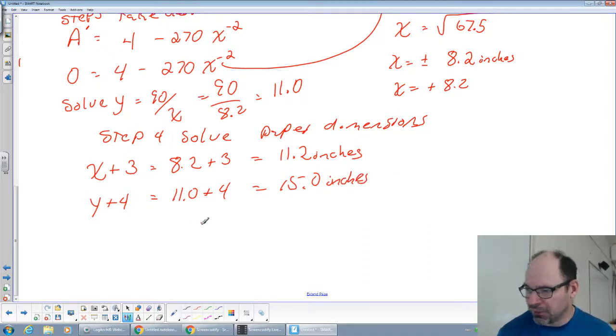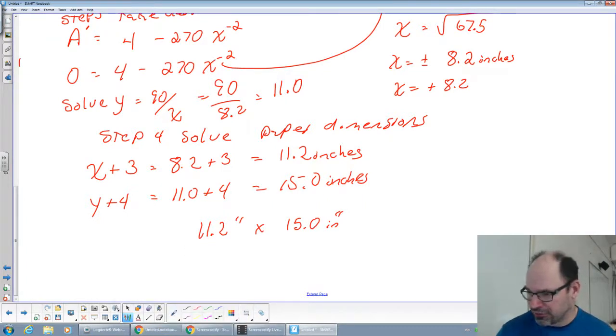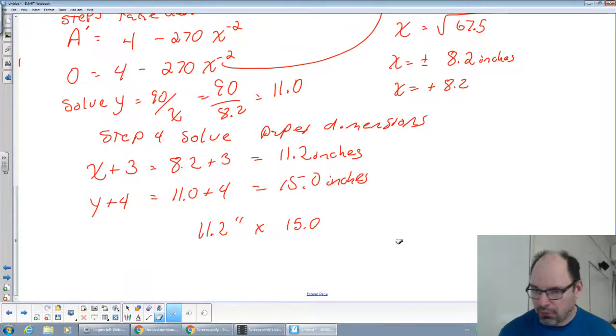So our dimensions would be 11.2 inches by 15.0 inches. I'm just going to use the 2 knots there for inches. You don't need to write the word inches if you don't want to. So there's our dimensions of that page.